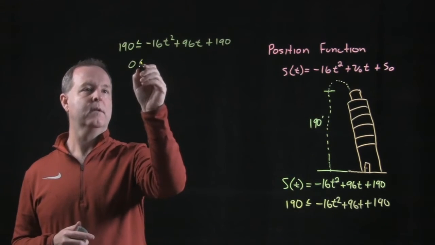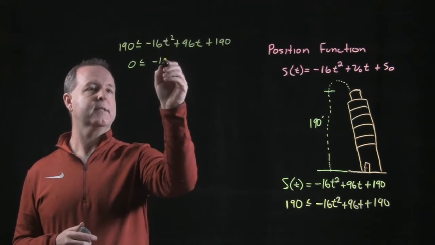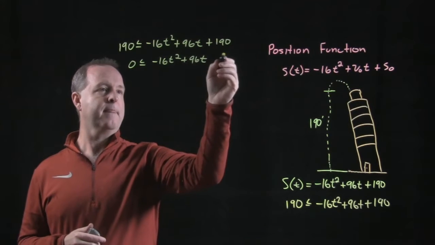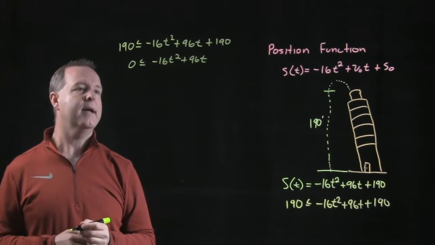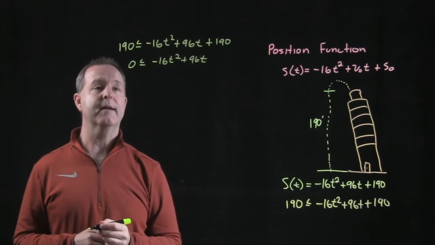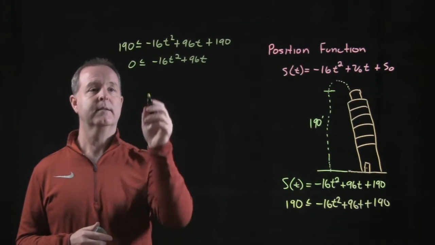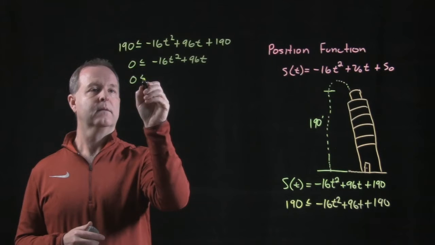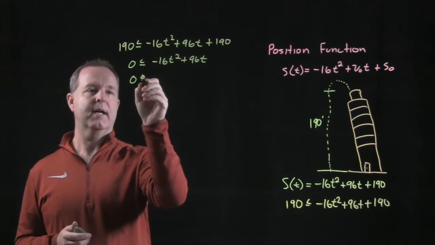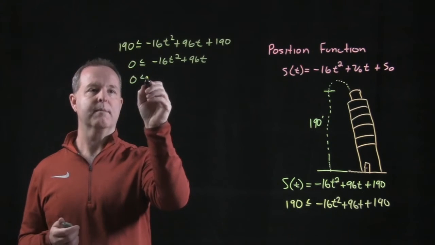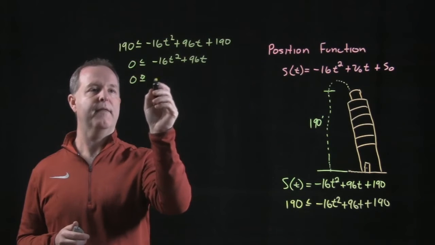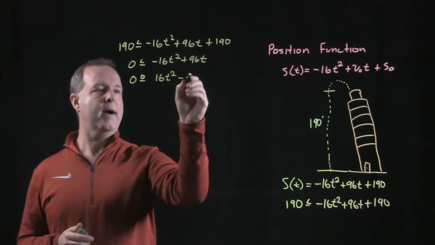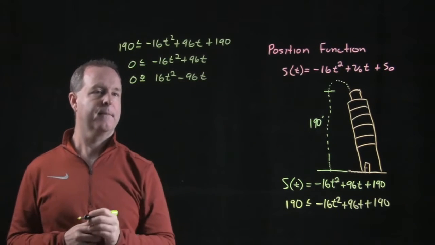I'll have 0 less than or equal to -16t squared plus 96t. The 190s go away. I'll multiply both sides by negative 1. That flips the sign around, but I'm only interested in the boundary points, so I'm not so worried about that. So that's going to give me 16t squared minus 96t.